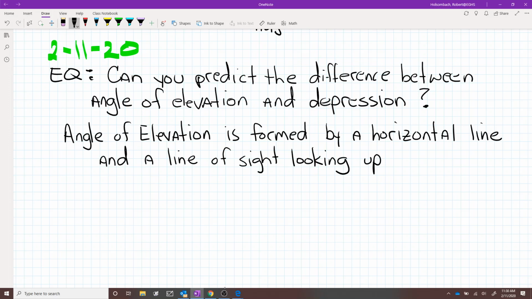Good, looking up. Angle of elevation is formed by a horizontal line and a line of sight looking up.